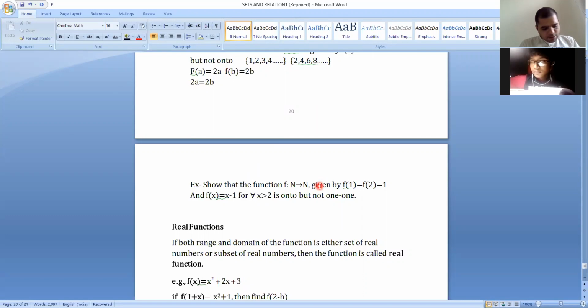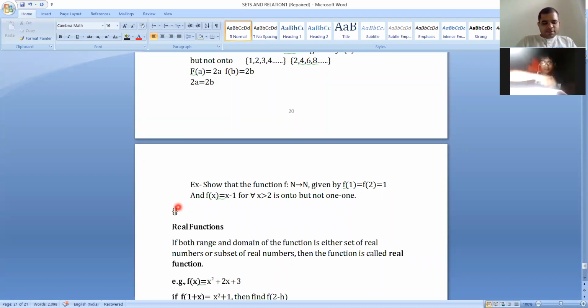See, first it is written 2 comma 1, 3 comma 1, 4 comma 1, 3 comma 2, 4 comma 2, 4 comma 3. So what are the elements of domain? You write down first the elements of domain. What should be the elements of domain?